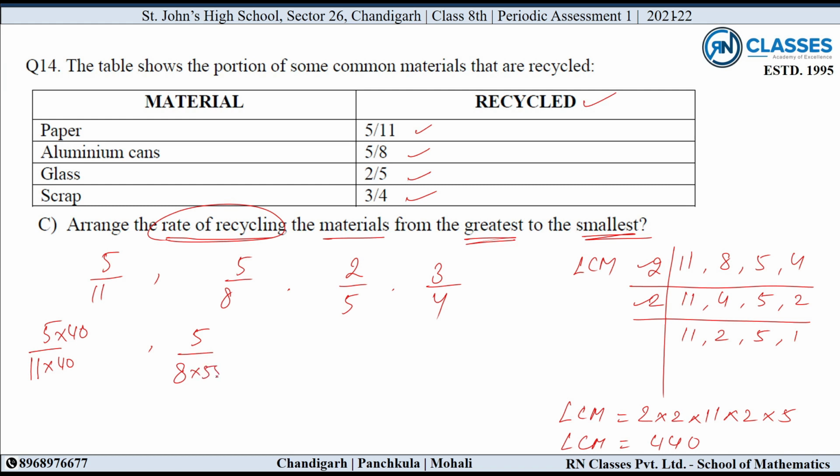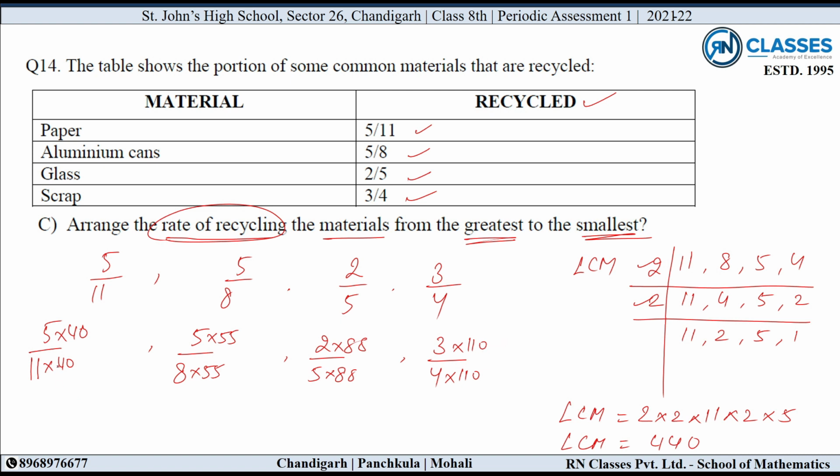It would be 55. Right? So in the numerator you have to multiply it with 55. Now it is 2 by 5. Again, the denominator has to become 440. Multiply it with 88. In the numerator you have to multiply it with 88. 3 by 4. Again, multiply it with something so that it becomes 440. It would be 110. Multiplied with 110, right?